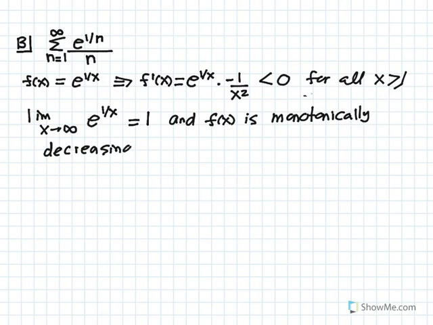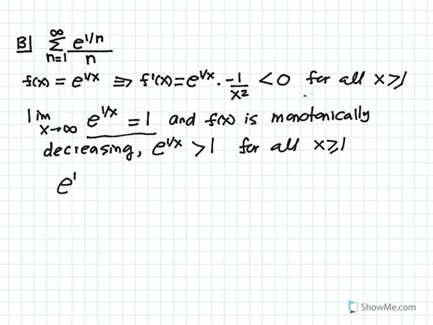So we have shown that e to the 1 over x has to be greater than 1 because its limiting value is 1 and it's monotonically decreasing, for all x larger or equal to 1. So we can now make a comparison of our series: e to the power of 1 over n divided by n is larger than 1 over n.